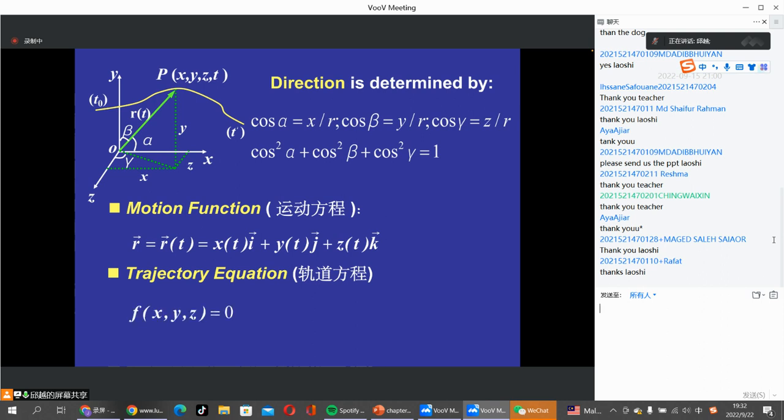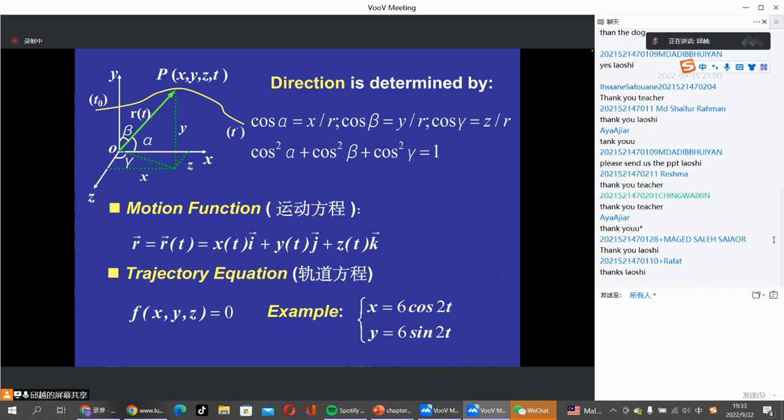For the trajectory equation, we have three variables, x, y, and z, and we don't have the variable t. For example, we have this function, x equals 6 cosine 2t, y equals 6 sine 2t. What is this function?